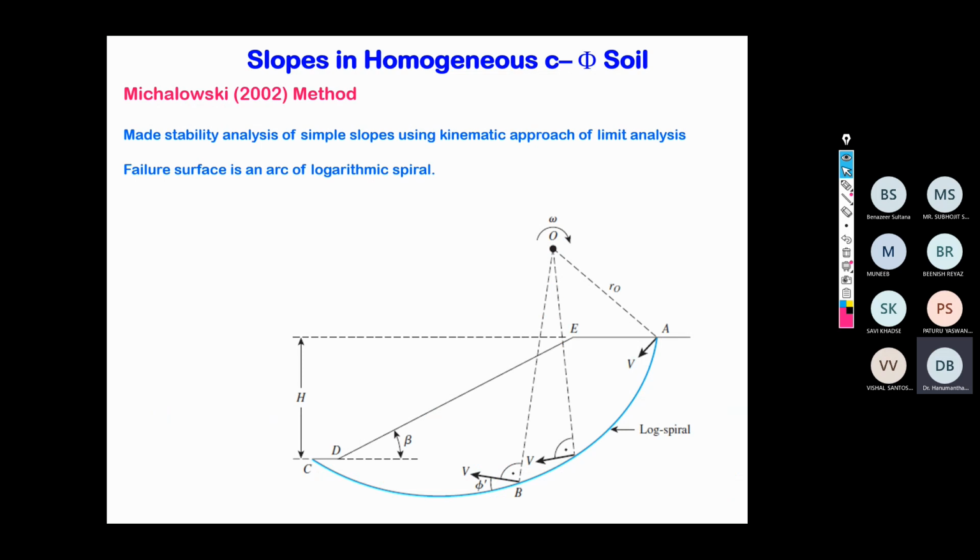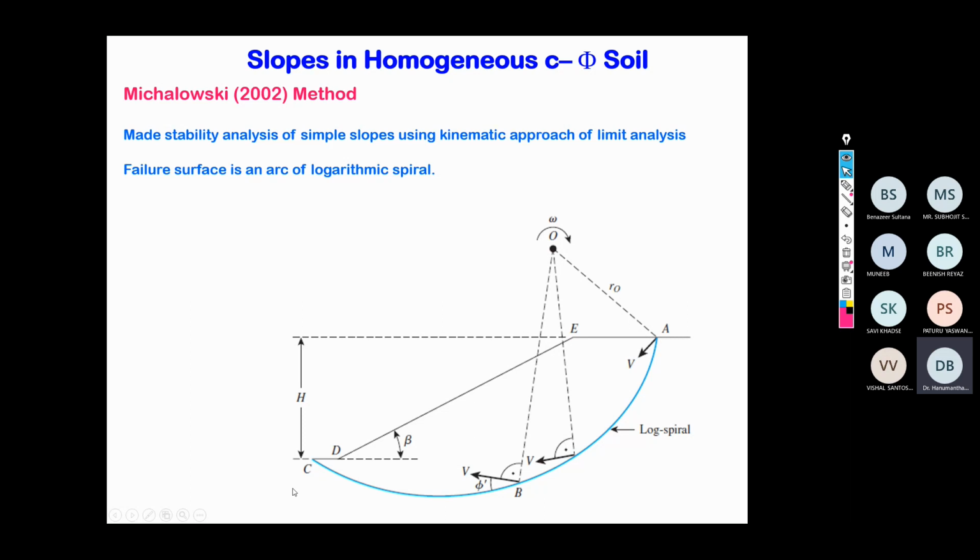There is another person. Right now we were discussing only the rotational failure and assuming that the failure plane is circular. But apart from the circular, people have also assumed other forms. For example, Mikulovsky in 2002, instead of assuming the failure surface as circular, assumed it as a log spiral, as you can see here.